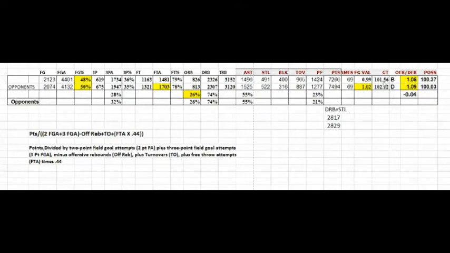This team, and I took their name off because I don't want any problems for them, had an OER of 1.05, which actually is a pretty good offensive OER. But their defensive ER was 1.09, which leaves them with a minus of 0.04.